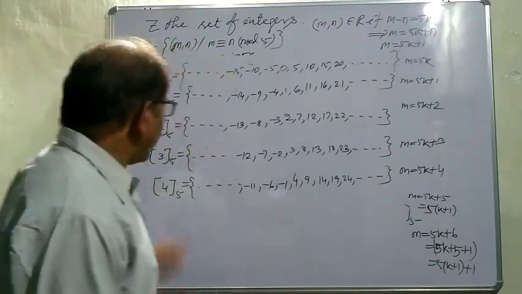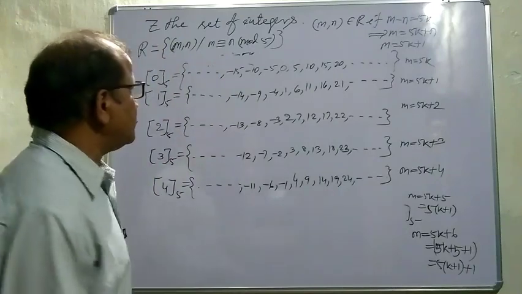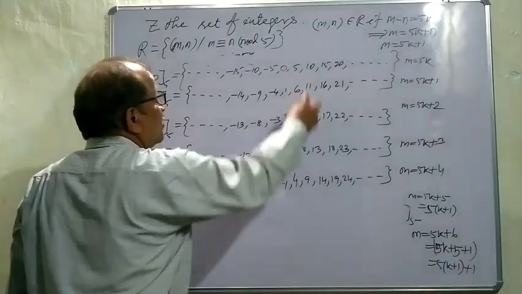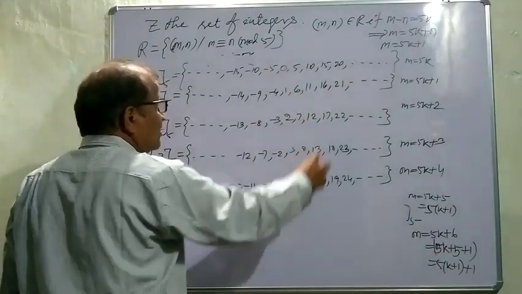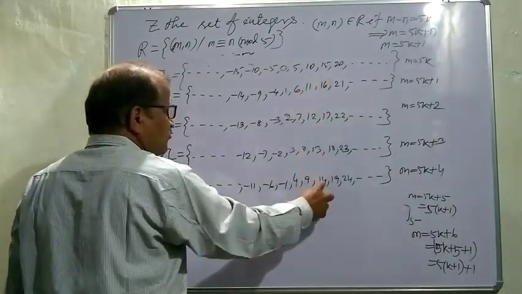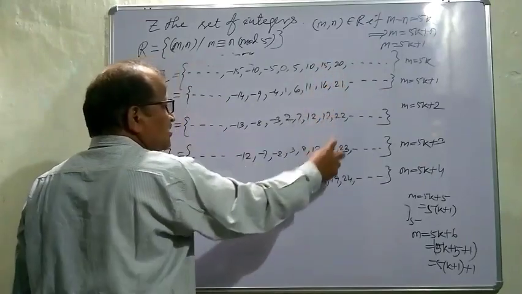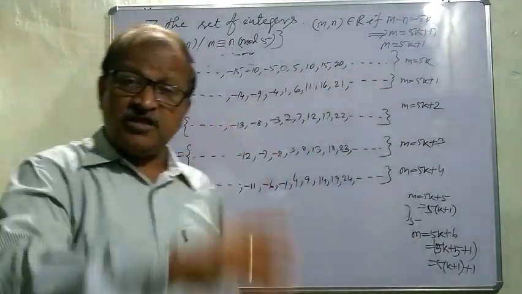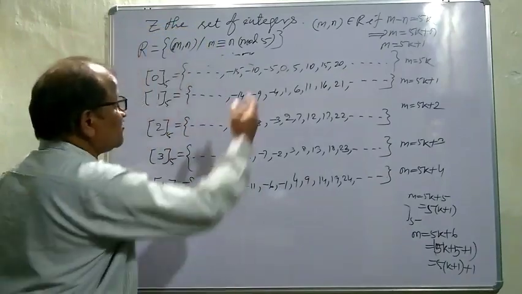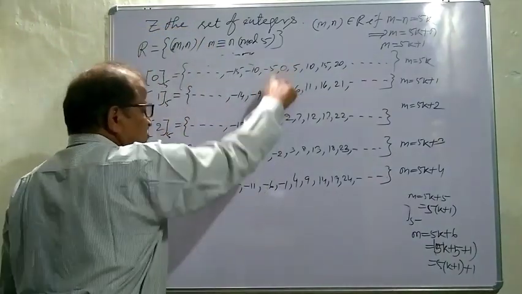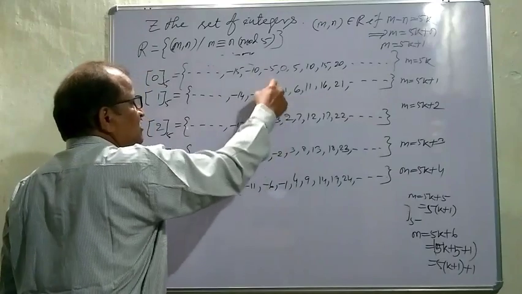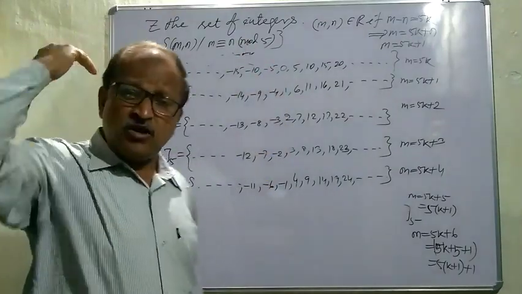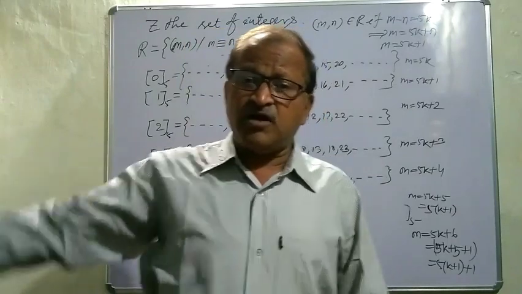And their union. What will be their union? You count here: 0, 1, 2, 3, 4, 5, 6, 7, 8, 9, 10, up to 19, like this. It will continue up to infinity, right? Again here to the left: 0, minus 1, minus 2, minus 3, and so on, like this, it will also extend towards minus infinity.